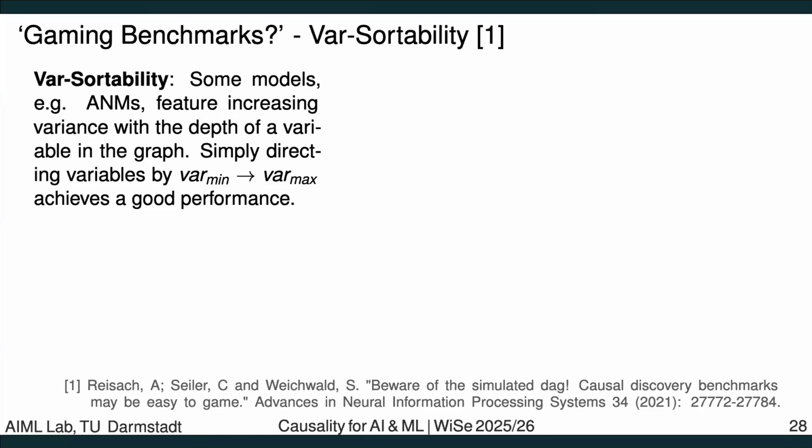So particularly, we talked about additive noise models before, which are basically models where all the structural equations are a weighted sum of the parents plus some noise. And if you're generating data for benchmarking or something, if you're not careful with that, the variance of the variable values will increase the further down or the deeper a variable is in the graph.